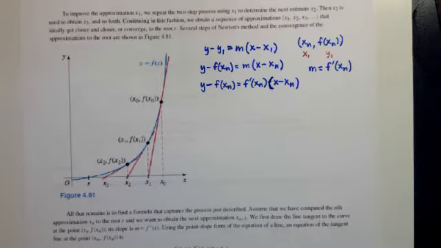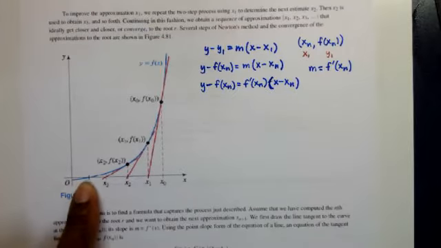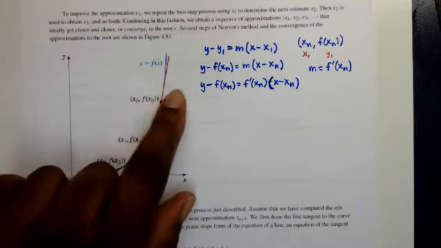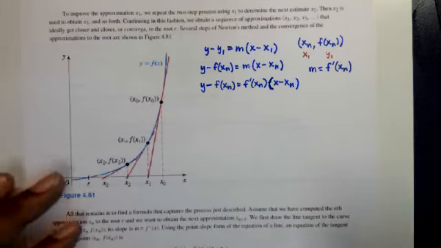Now, of course, when we're finding the root, we're trying to find the value of x when y is equal to 0. Of course, you're finding what they call the x-intercept. Anytime you find the x-intercept, you always substitute your y with 0. So this y will be replaced with 0.